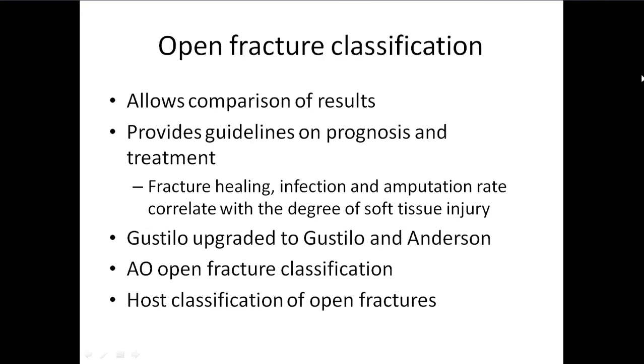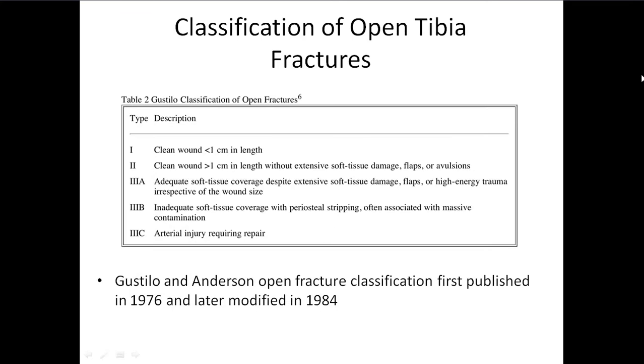Another one is the AO classification, and another is the Tscherne classification of open fractures. Among these, the Gustilo-Anderson classification is the most important and widely followed. Remember, this is for open fractures, not for all fractures. It is of three types.